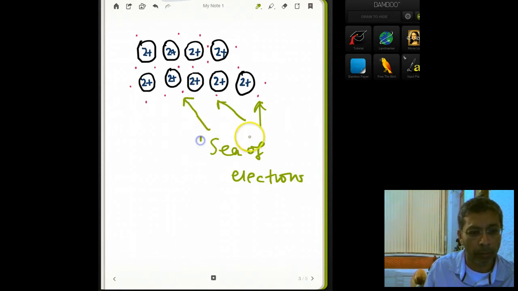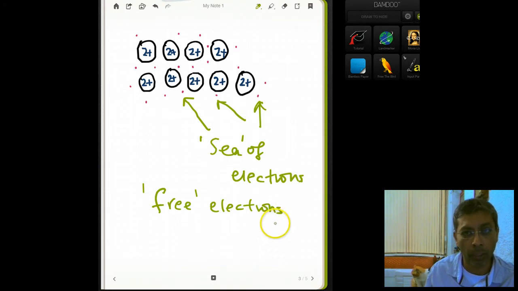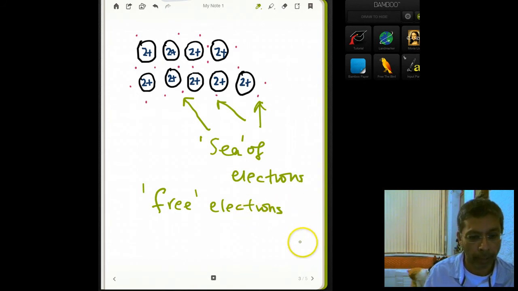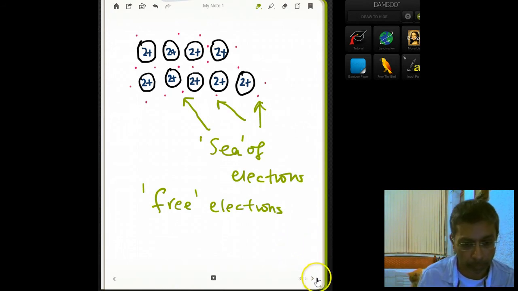They can also sometimes be called free electrons. So you've got several words to describe these electrons: delocalized, a sea of electrons, free electrons.